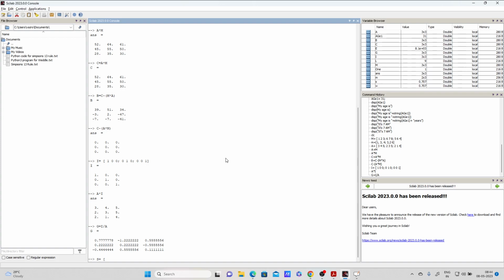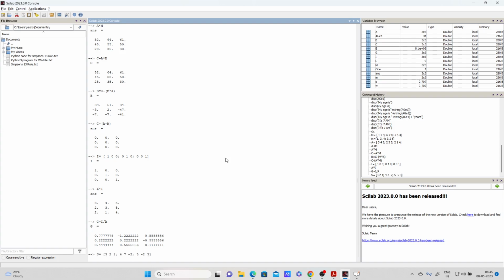S is equal to 3, 2, 1, end of the row, 4, 7, minus 2, end of the row, 5, minus 2, 3.